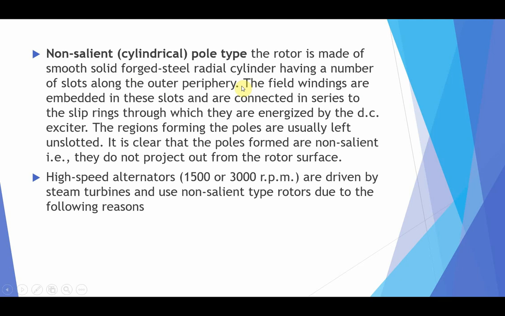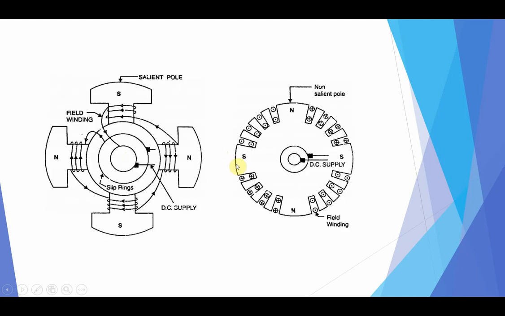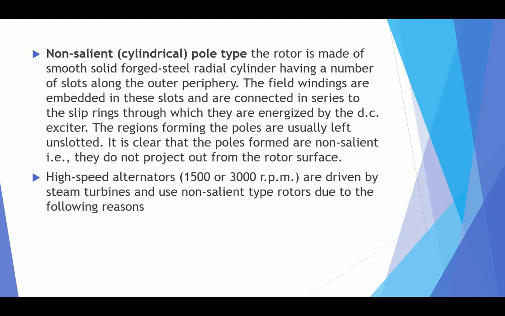The field windings are embedded in these slots and are connected in series to the slip ring through which they are energized by the DC exciter. The regions forming the poles are usually left unslotted. It is clear that the poles formed are non-salient, that is, they do not project out from the rotor surface. In salient pole they project outward, and in non-salient they do not.